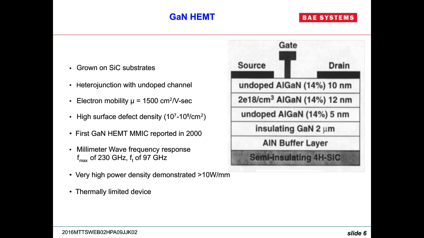There's silicon versions, but silicon is not as good thermally, and the transistor doesn't perform as well RF-wise. These devices are thermally limited, and I'll talk about that a little bit later in the presentation. Fmax at 230 gigahertz have been reported, so people use this as an amplifier up to W-band.